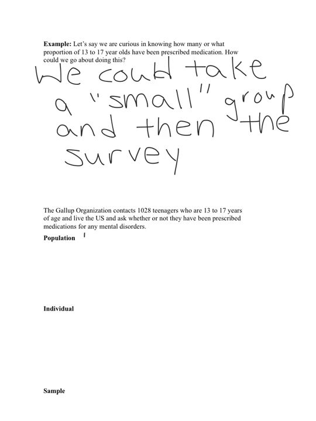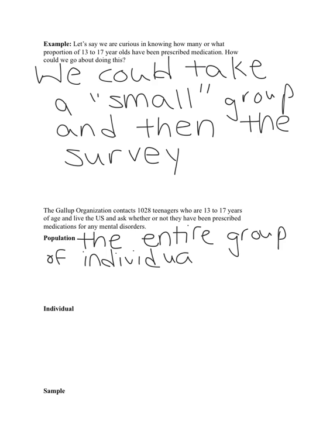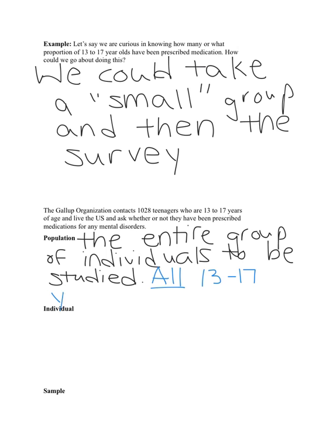So in general, the population is the entire group of individuals to be studied, and in our case that was all 13 to 17-year-olds in the U.S. Okay, so it's all of them. And then we focused on that small sample.